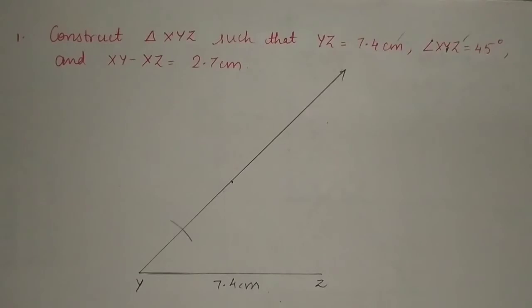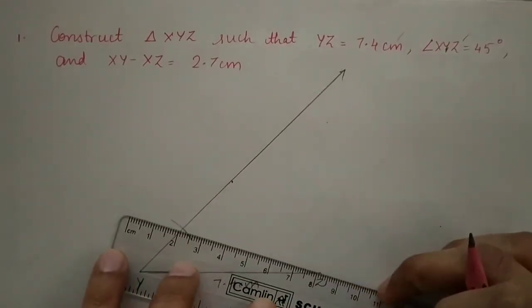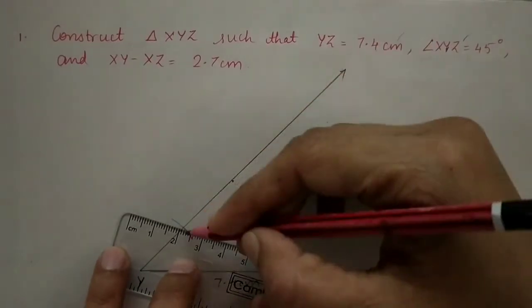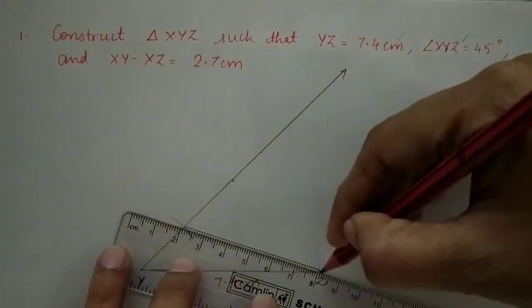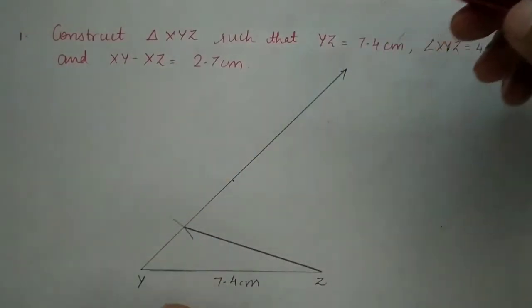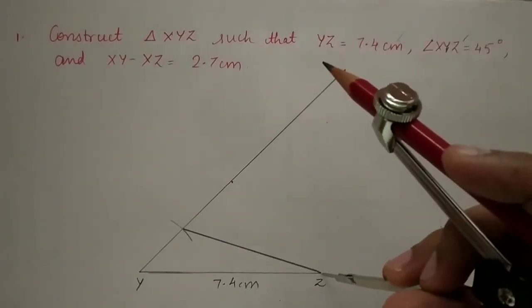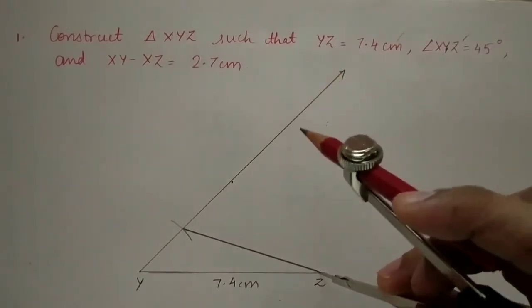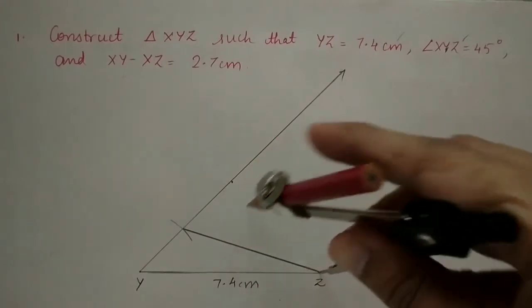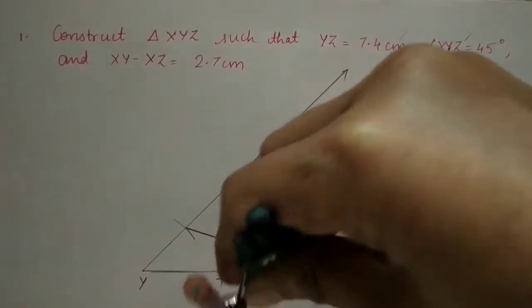Then I'll be joining it like I always do. We'll be joining this arc with the end point of the base. After joining, we'll be drawing the perpendicular bisector of this side, as we did in the previous exercise. So I take a distance more than half and draw an arc.